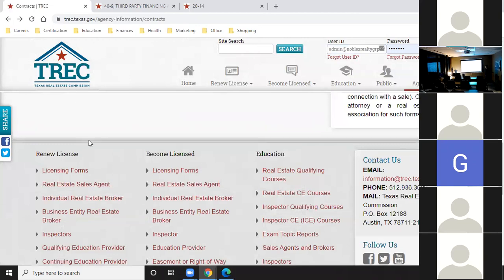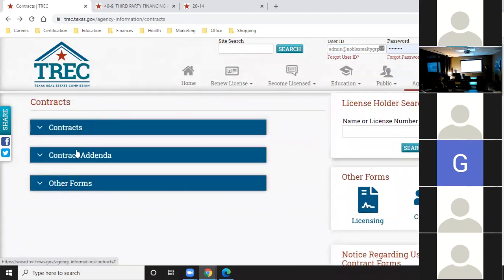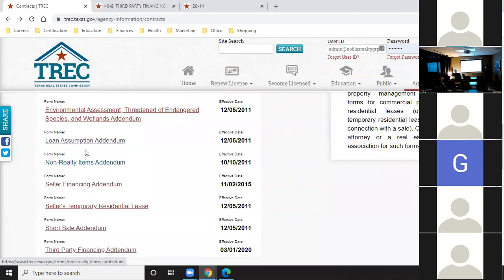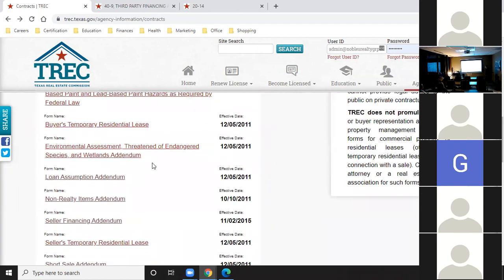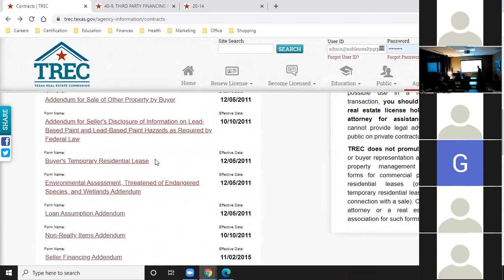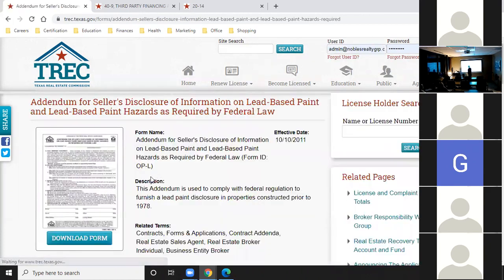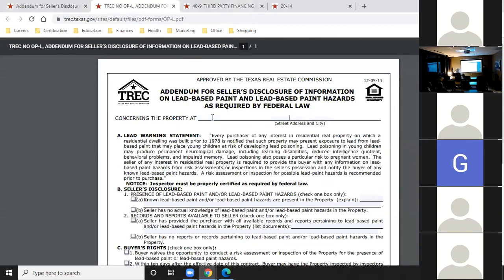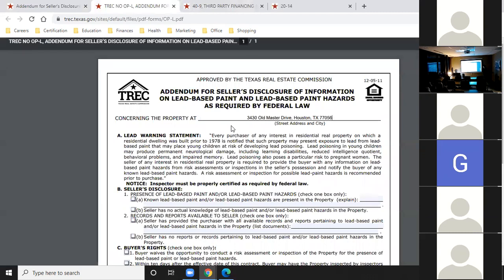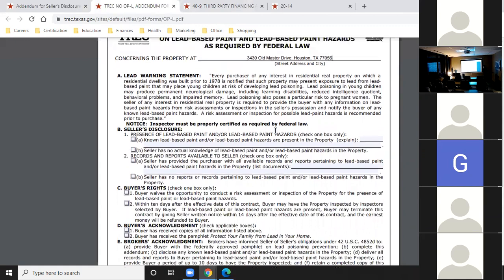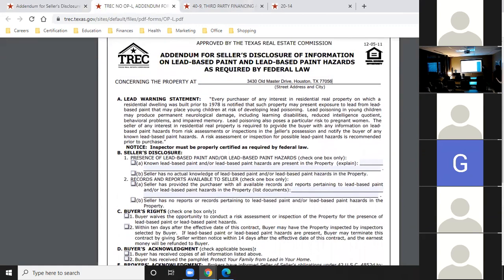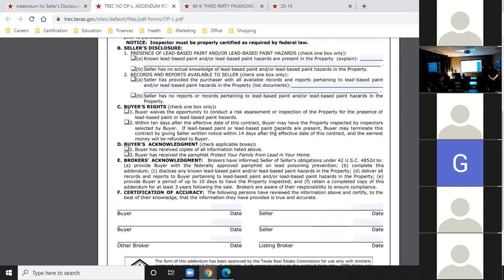Now we have to go to the lead-based paint addendum. Okay. B1. Are we filling out anything in B?